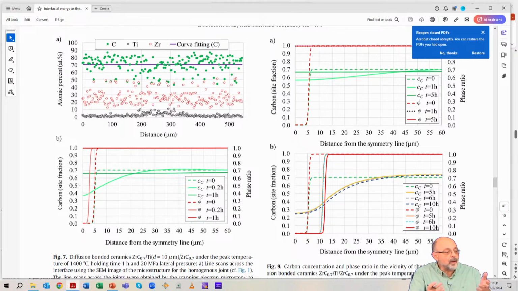And then you have a binary diffusion of titanium and zirconium in time. That takes place independently. For a 10 micron film, the film is completely consumed. I get seamless bonding. For a 50 micron film, well, here it is.